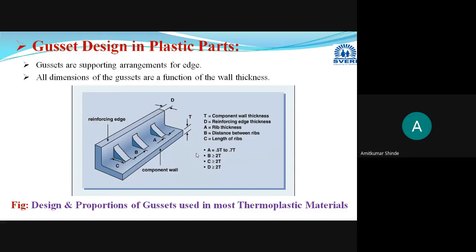Okay, now we'll move towards the next part, that is the design of the gusset in the plastic parts. Okay, already we have discussed in the design of the boss that these gussets are nothing but a supporting arrangement.